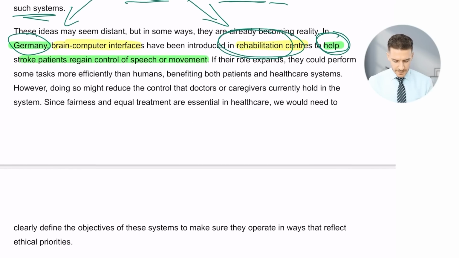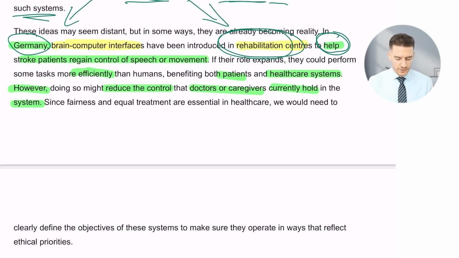So here it is. If their role expands, they could perform some tasks more efficiently. We already read something about that, benefiting the patients and healthcare systems. Great. However, doing so might reduce the control. So that might be the second answer we're looking for. Let's keep going. It says doctors or caregivers currently hold in the system.